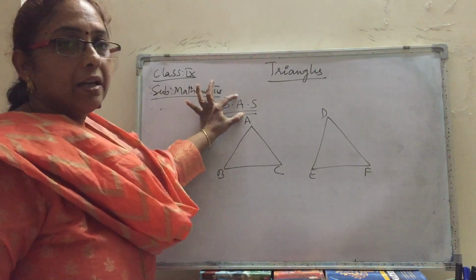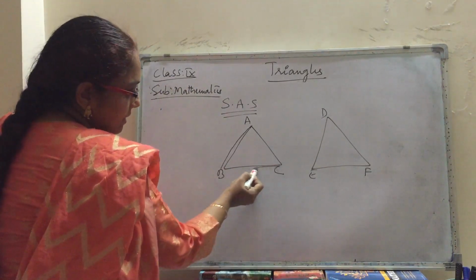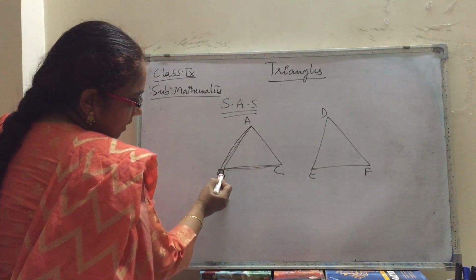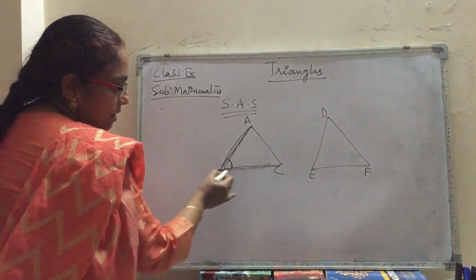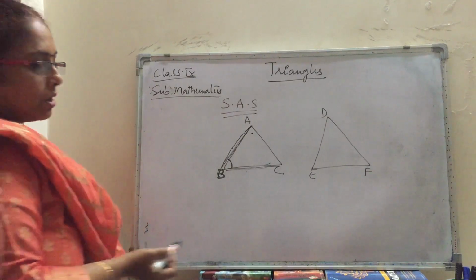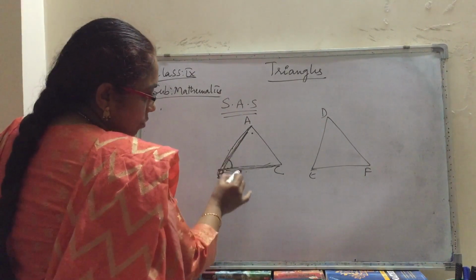Included angle means what? Here AB is one side, BC is another side. For these two sides, this B is the common angle. This is called the included angle of these two sides. For these other two sides, can we say it is included? No. So here this is the included angle of these two sides.